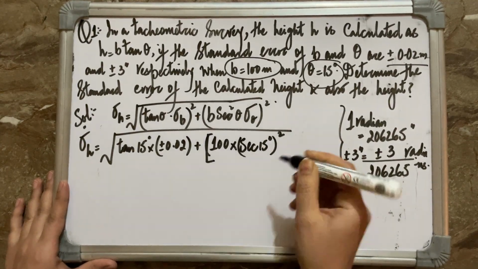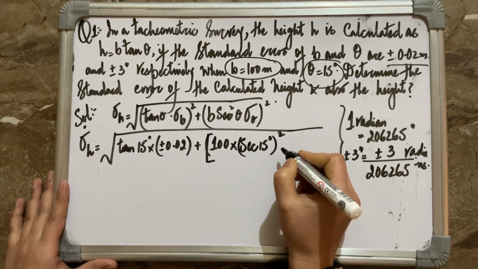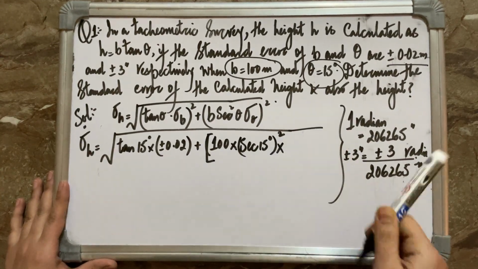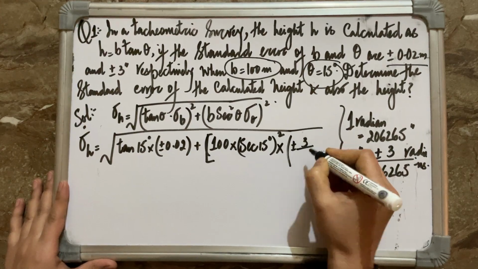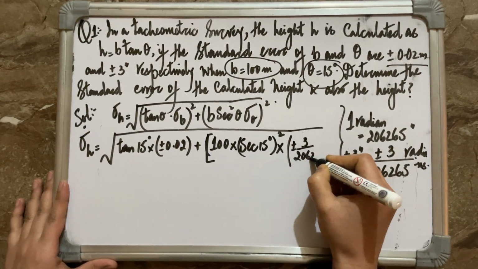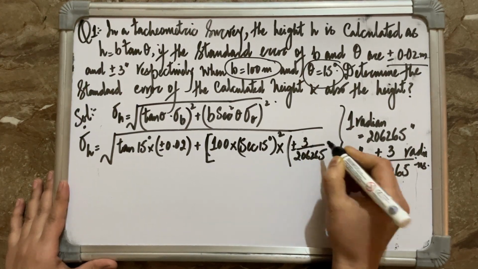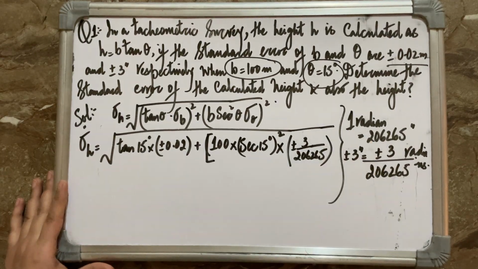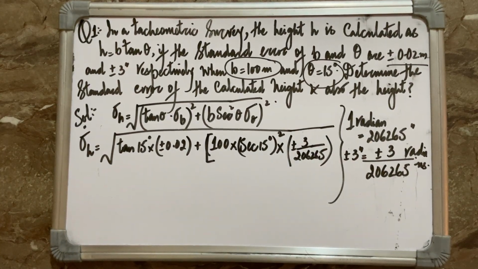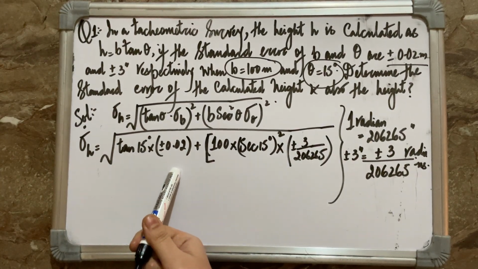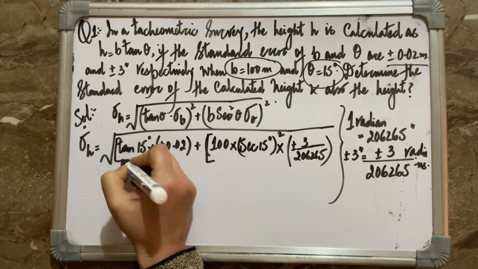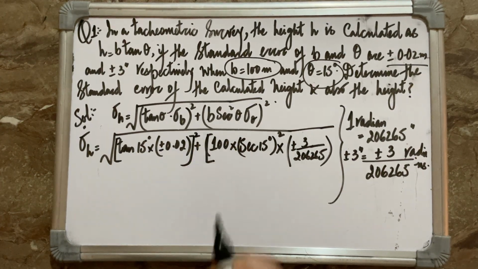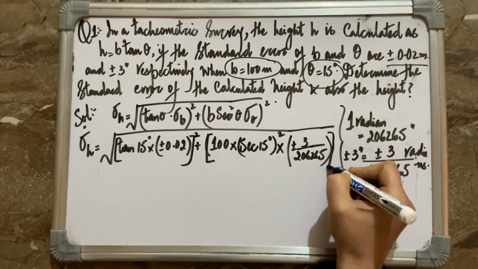Sigma in theta was plus minus 3 seconds. I converted it into radians and it is equal to plus minus 3 divided by 206,265 radians. All right, that's it. Tan 15 multiplied by 0.02, square of it, and square of this as well.